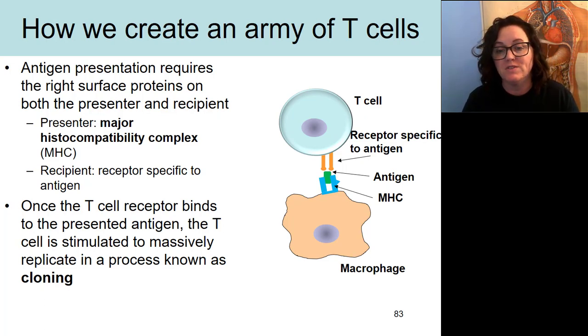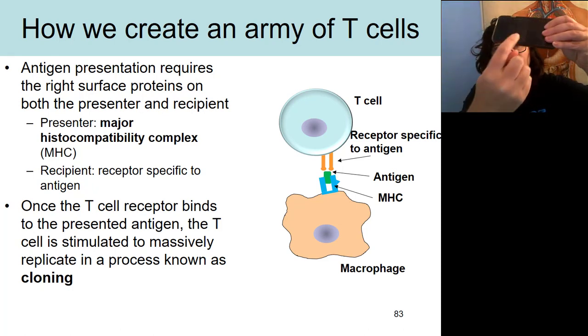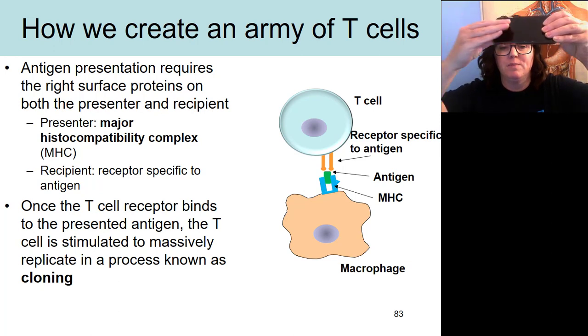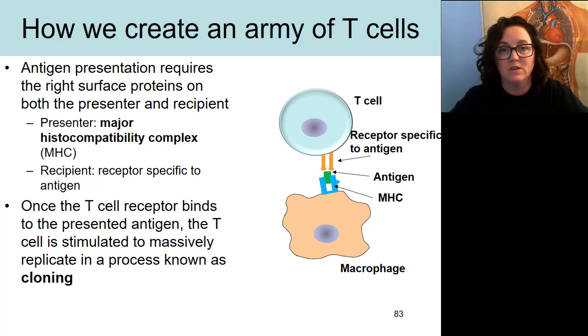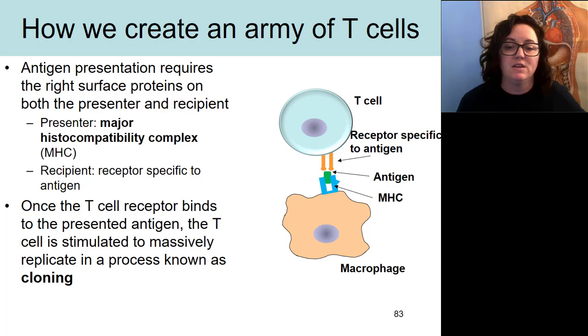There's my T cell receptor, that's my MHC, and that's my antigen. Once the T cell receptor binds to the presented antigen, basically, magic occurs. No, it's not really magic, but chemicals get released, the T cell is activated.